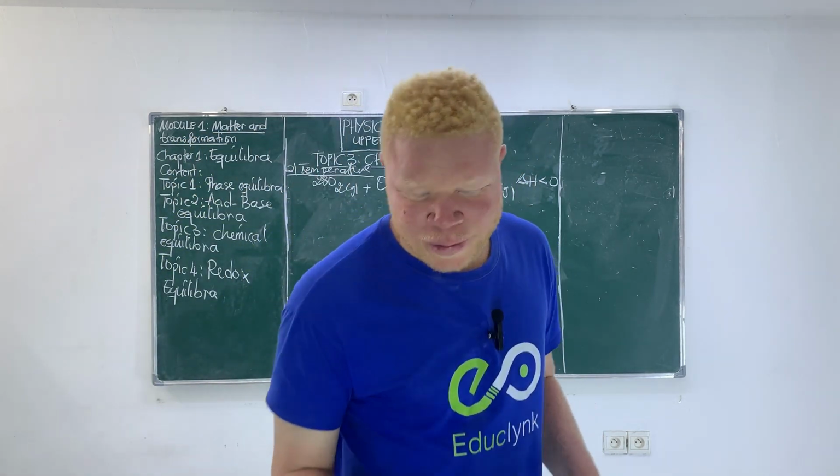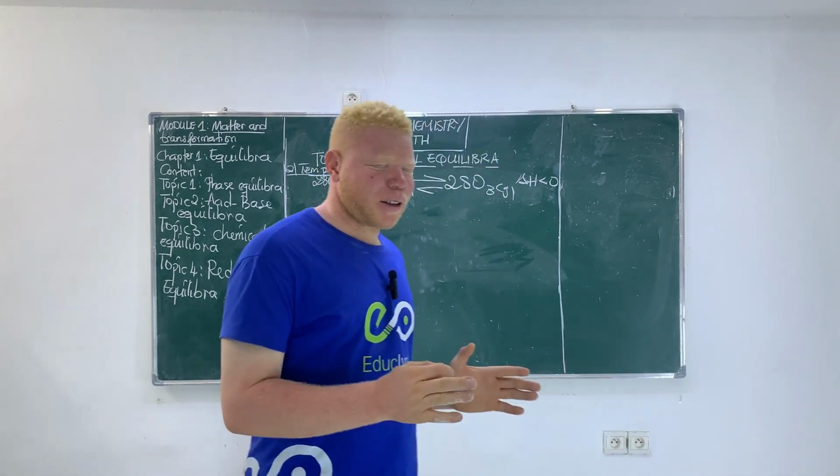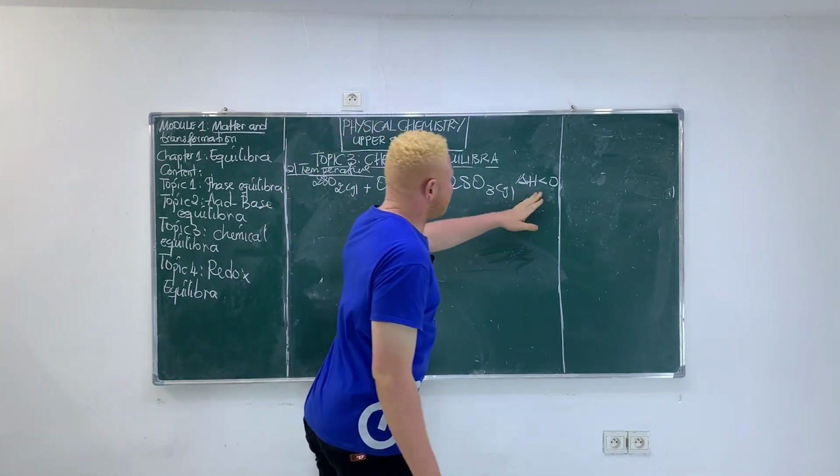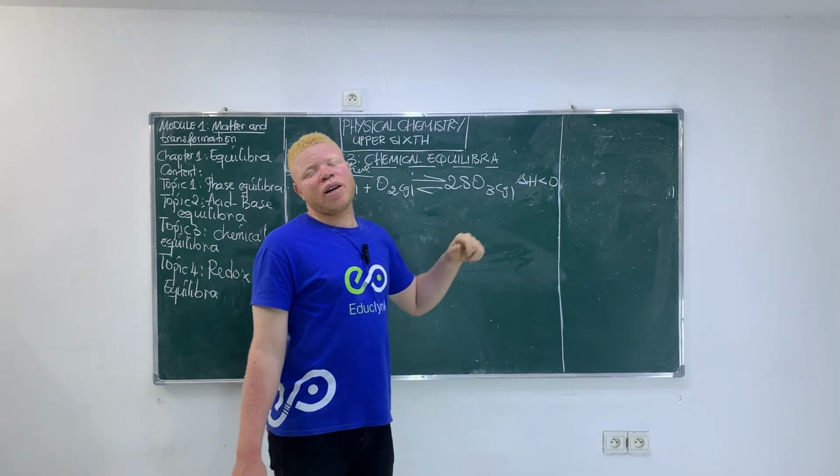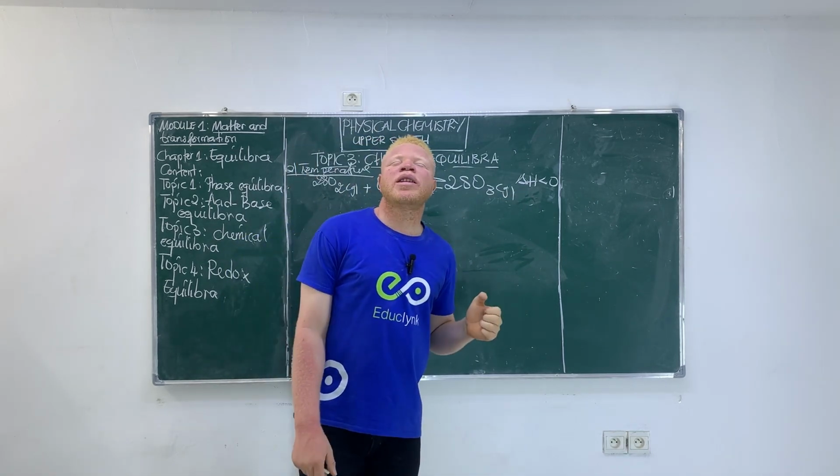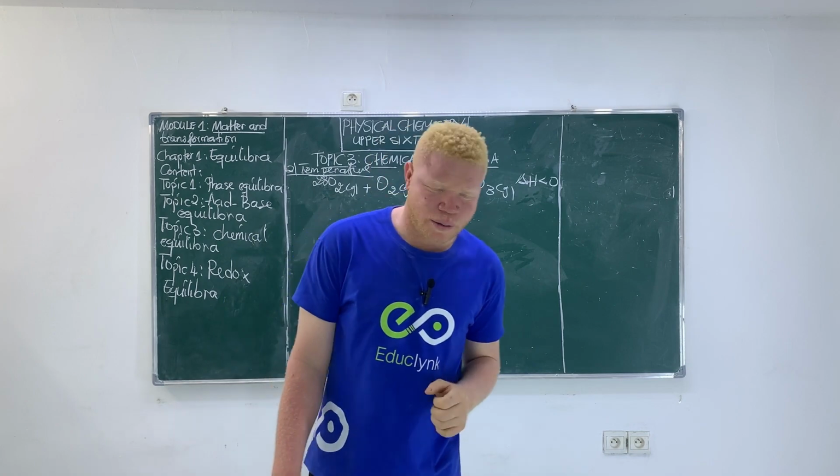So let's see, for an exothermic reaction, if delta H is less than 0, it means the reaction is exothermic. Exothermic meaning heat is released to the surrounding.